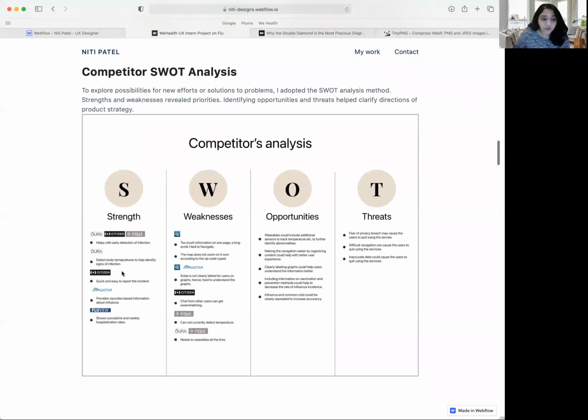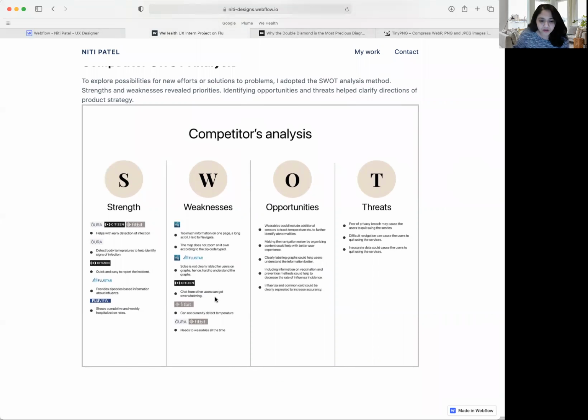Oura Ring was the only one that has change in temperature detection. Major weaknesses were that the app was hard to navigate, and if the chat was getting overwhelming, that was another issue.